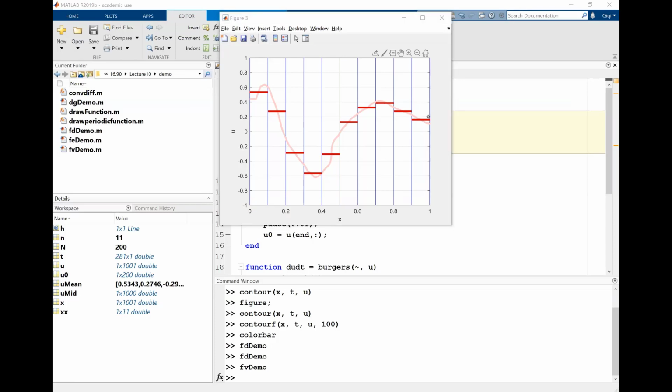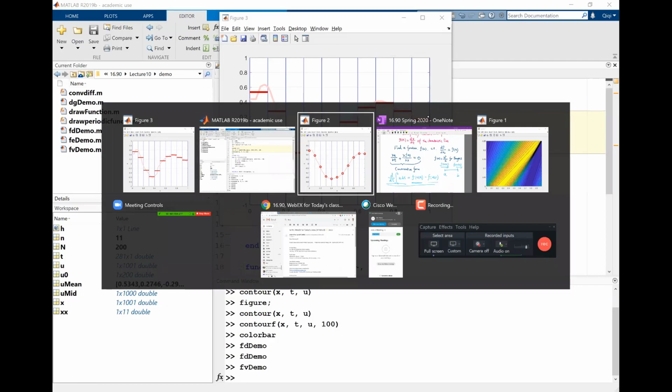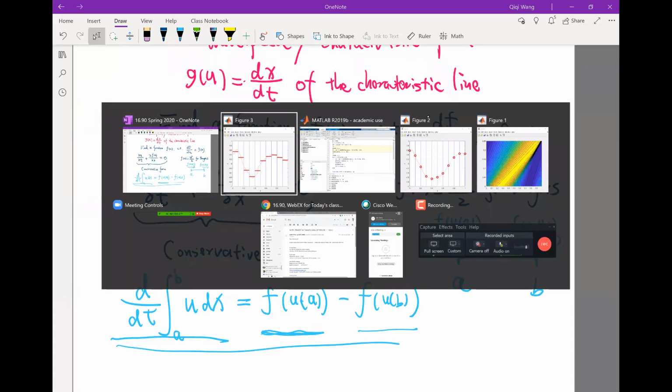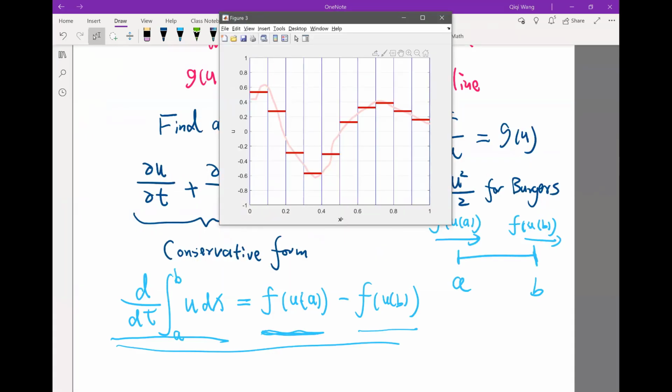So how does the average amount of stuff in the interval relate to the integral form of the differential equation we are looking at? Can anybody see the relationship between the average over an interval and what we are looking at in the integral form of the equation?